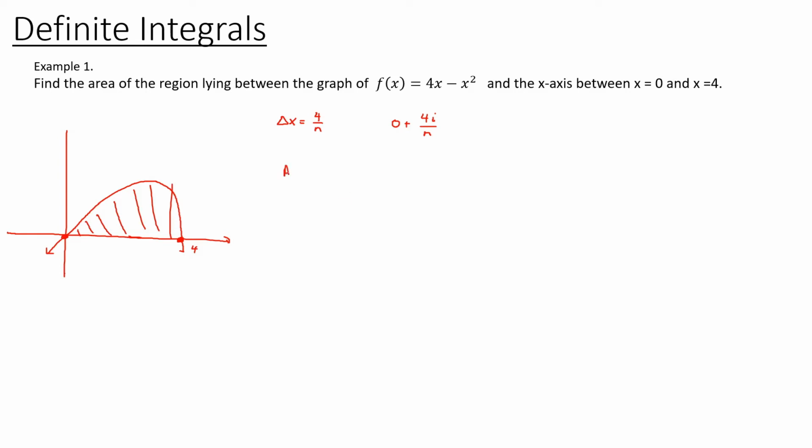So the area will equal the limit as n approaches infinity of 4 over n, which is our width, times the summation of i equal to 1 to n, the number of rectangles, of f of 4i over n.